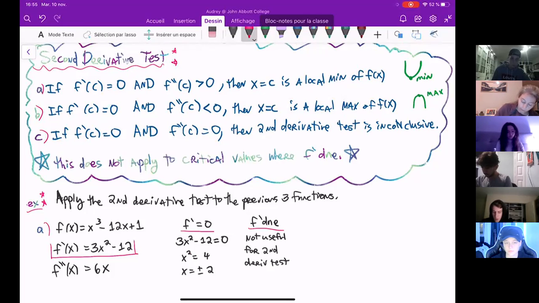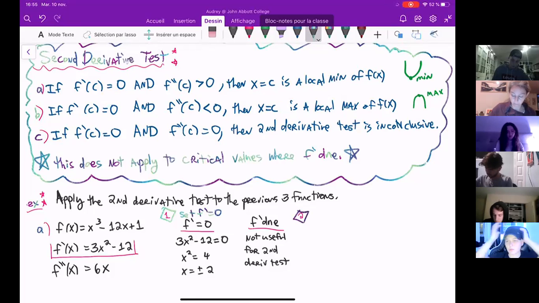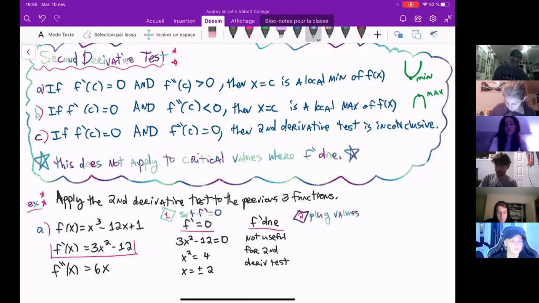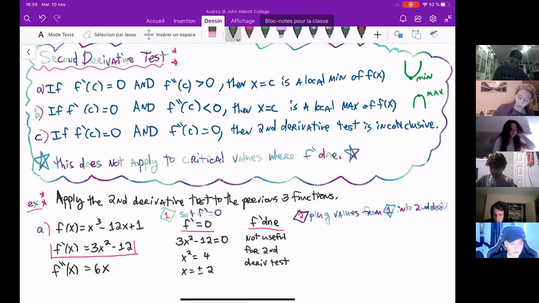So this is our first step, which is set f prime equal to 0. And then we're going to take those values and plug them into the second derivative. So I'm going to be looking at f double prime of 2 and f double prime of negative 2.